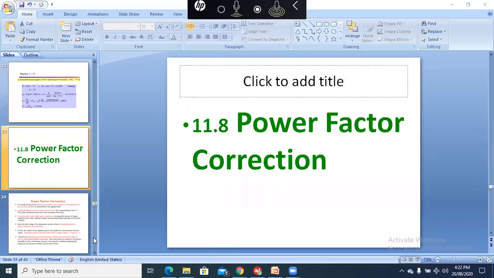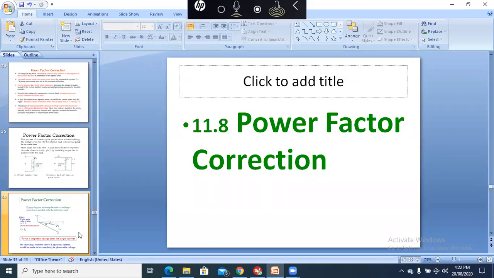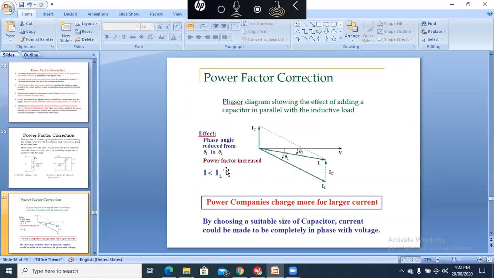So I'll show you the example. So we have, for example, the voltage and we have the current of the network.